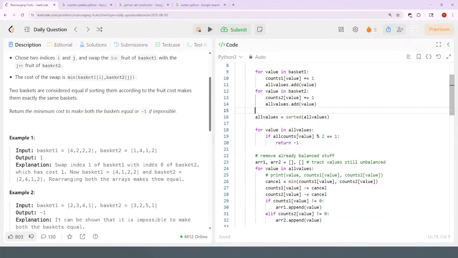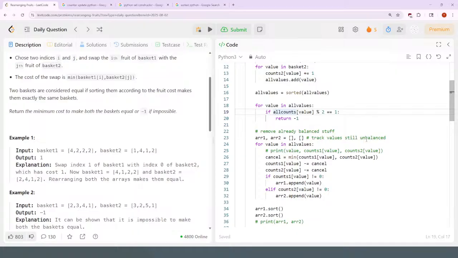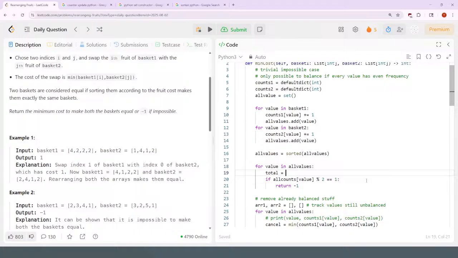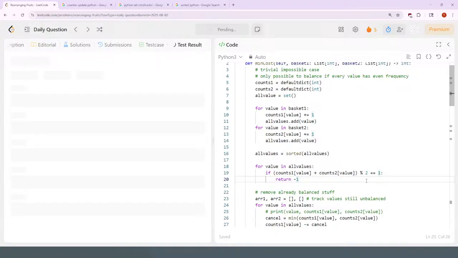I think I don't use all counts, do I? I guess I do here. If all counts. But I don't use all counts after this, I think. Okay, so I can just say for value, total is equal to just the sum of the counts 1 and counts 2 of this value. It has a remainder of 1 divided by 2.